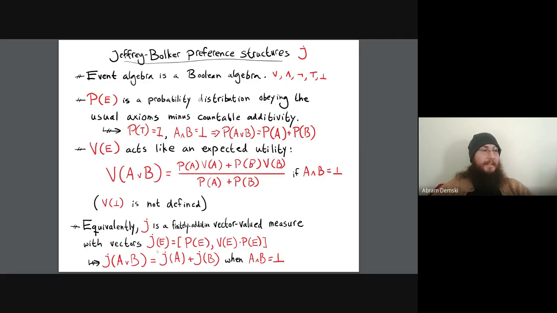And so the vector associated with an event can be constructed as the probability of the event, comma, the value of the event times the probability. And then we get that these vectors decompose nicely into a vector valued measure. And so equivalently, you could think of this whole thing as, instead of the Jeffrey-Bolker axioms, we just have vector valued measures.